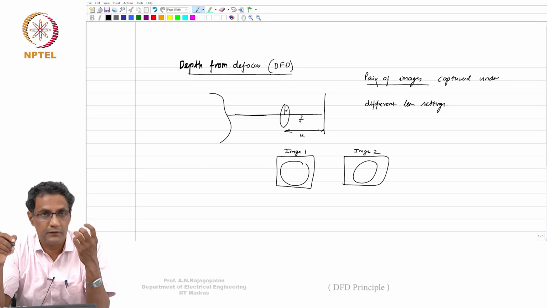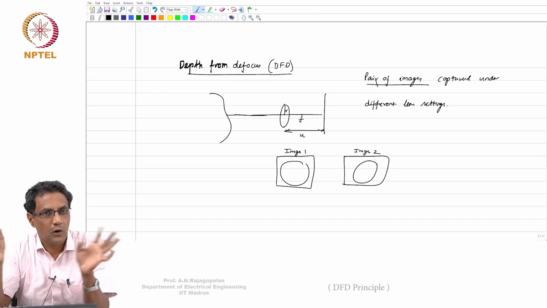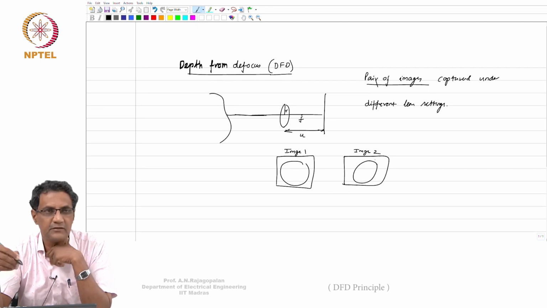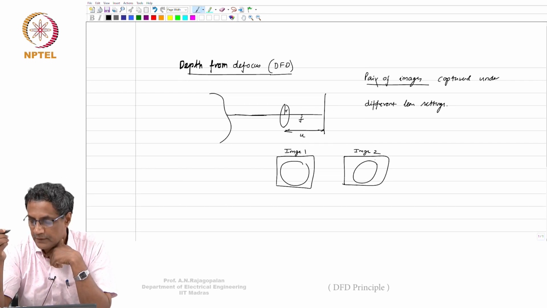For example, if you decrease R, then your blur will uniformly go down all over the image. So it's a function of what you do with these three things. You can just choose to vary just one or two or maybe all three.